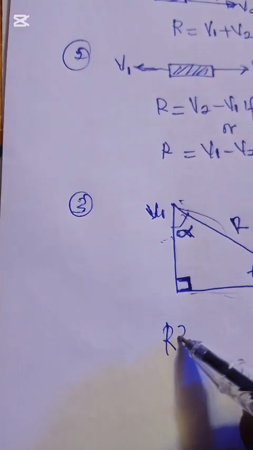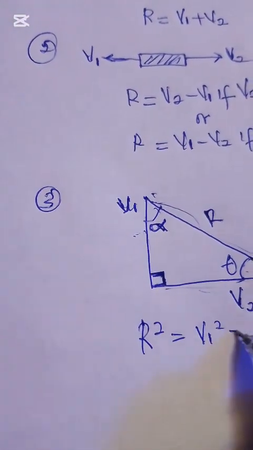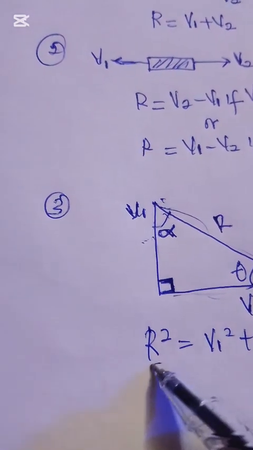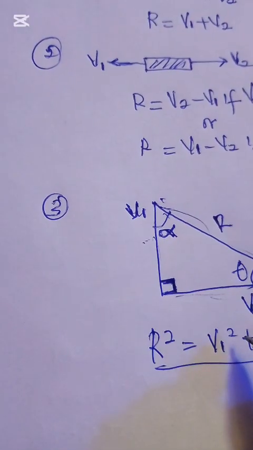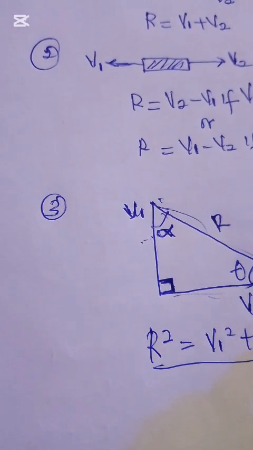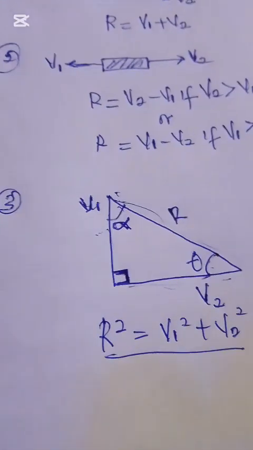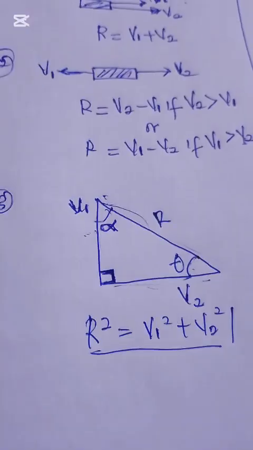Applying the Pythagoras theorem, the resultant squared will be v1 squared plus v2 squared. This is the Pythagoras theorem: the sum of the squares of the opposite and the adjacent is equal to the square of the hypotenuse. Let's take a few examples on that.